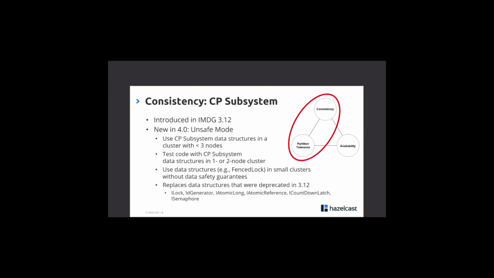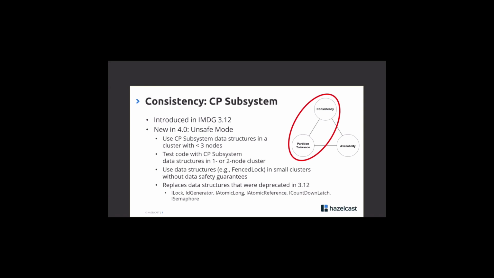So let's talk about consistency. Some of you might be familiar with our CP subsystem, which allowed strong consistency as part of a deployment. If you're familiar with the CAP theorem, it says that in a distributed system, you can have two of the three guarantees when it comes to partition tolerance, consistency, and availability.